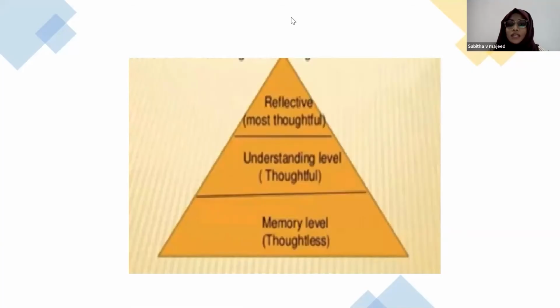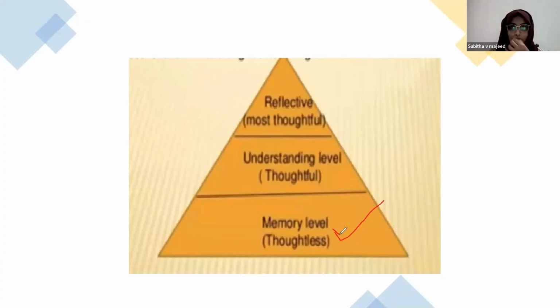Memory level of teaching is otherwise known as thoughtless level of teaching, because this level does not require any thinking from the side of the student.